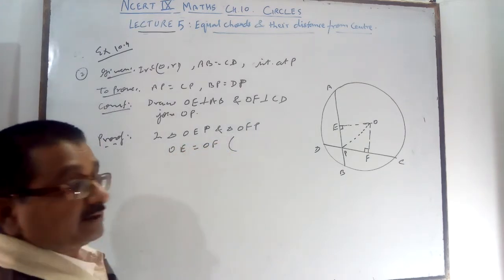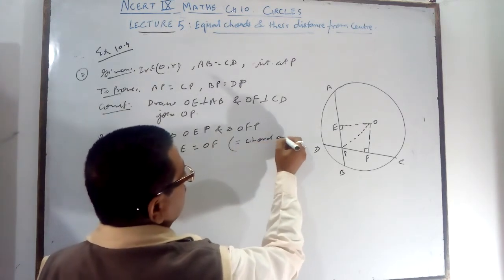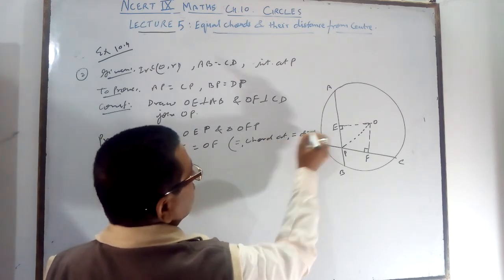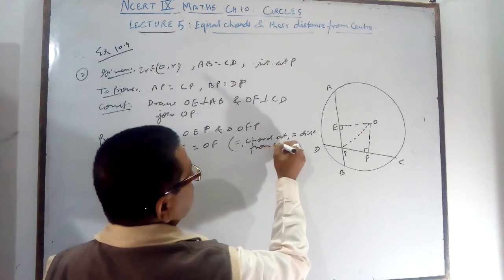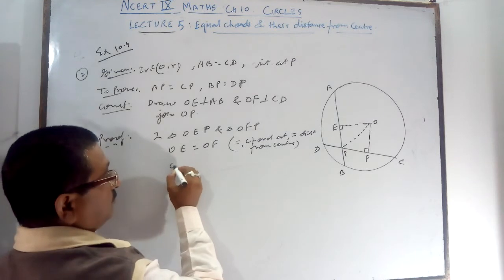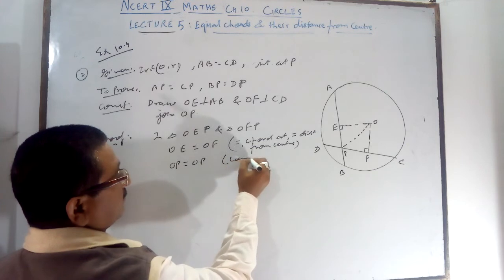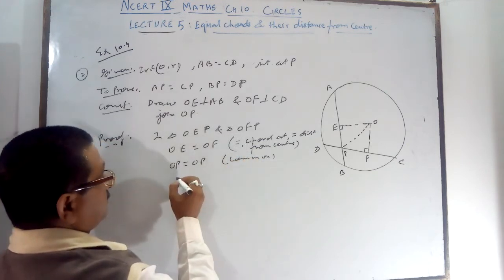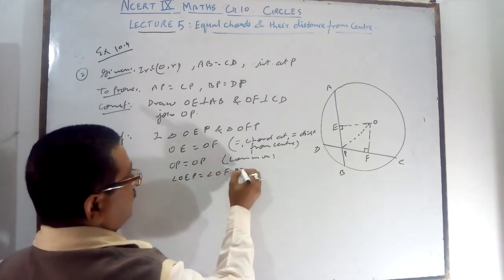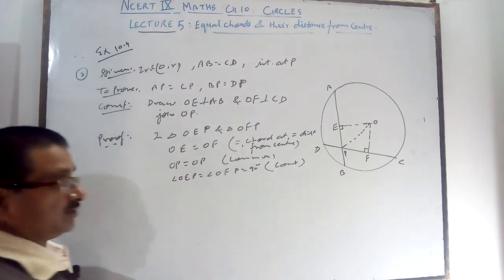Why? Equal chords are at equal distance from the center, it is a theorem. OP is equal to OP, common. Angle OEP is equal to angle OFP, equal to 90 degrees, because of the construction we have done, the perpendiculars.